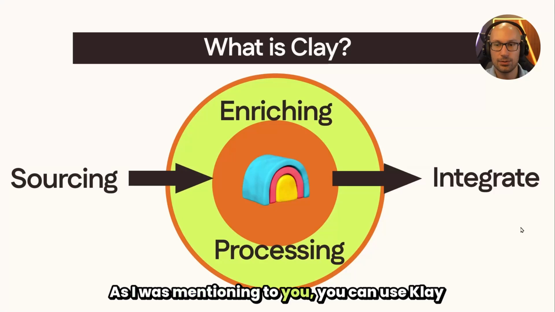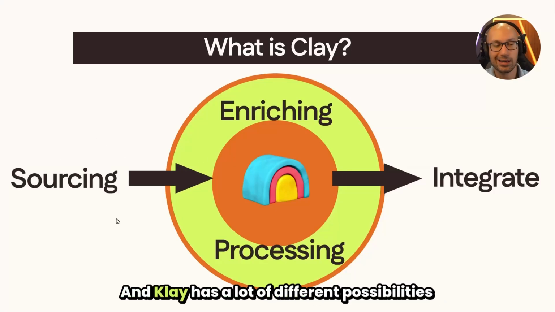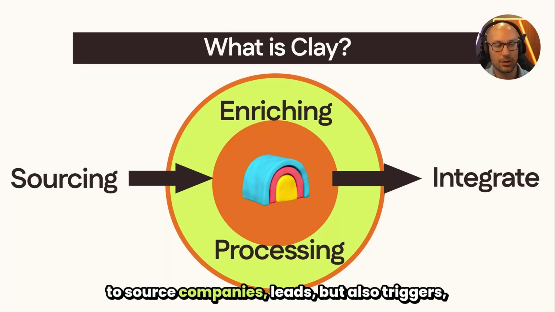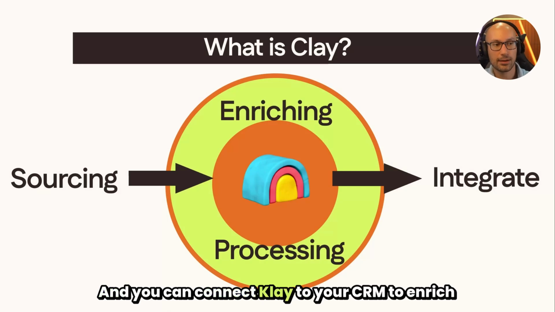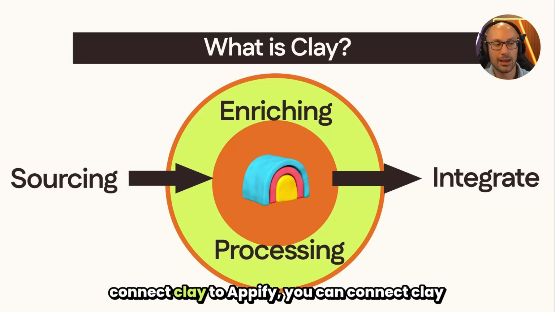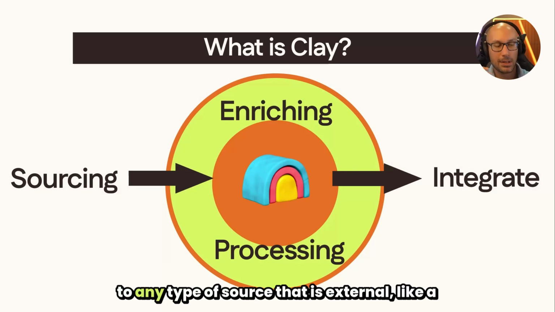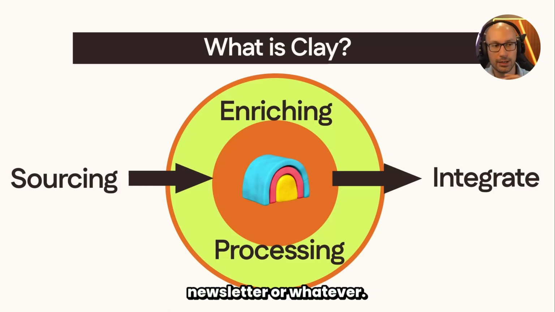As I was mentioning to you, you can use Clay for sourcing, and Clay has a lot of different possibilities to source companies, leads, but also triggers and signals. You can connect Clay to your CRM to enrich the current leads, connect Clay to Apify, and connect Clay to any type of external source, like a newsletter or whatever.